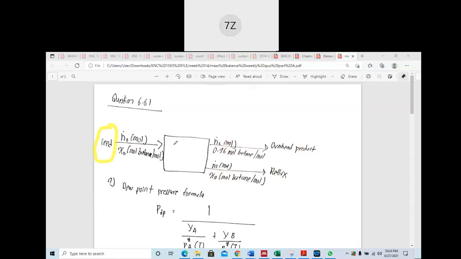Then based on the question, 96% of mole of butane will go to the overhead product, and the excess of 0.04% will be here at the reflux.